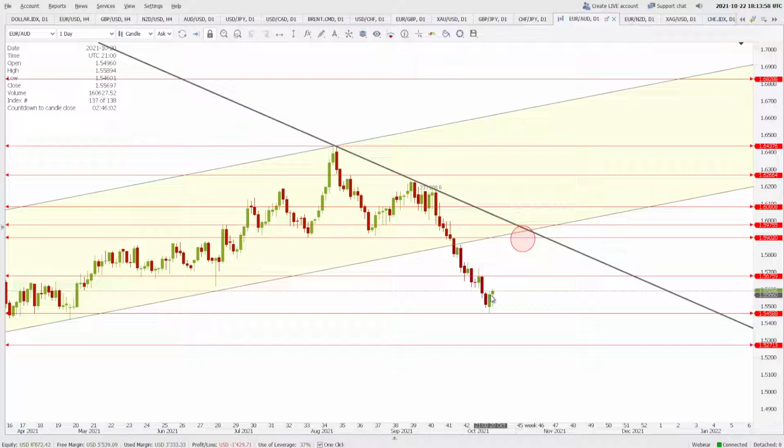Instead, wait for the price to go back to the 1.5902 region and then see what happens here, or at least see what happens when the price meets this falling trend line. Maybe that will be an opportunity to go short in this pair once again. So right now 1.5675 is the resistance and 1.5458 is the support in this market.